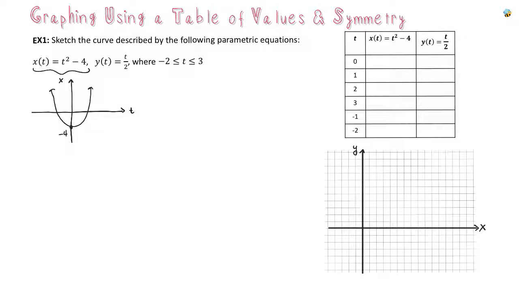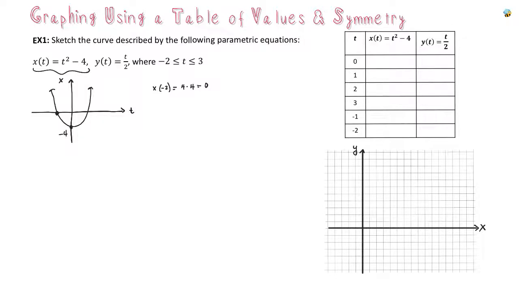However, I am not going to be using the entire parabola because I do have a restriction on t. t is between -2 and 3. So then, let me quickly figure out what x of -2 is. x of -2 will be equal to -2 squared, so that's going to be 4, minus 4, 0. That means that we are going to be right here, this part of the graph here.